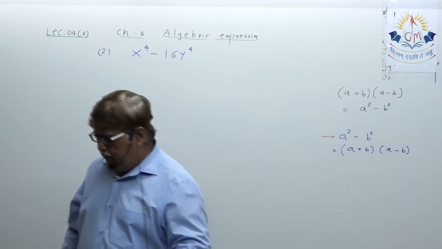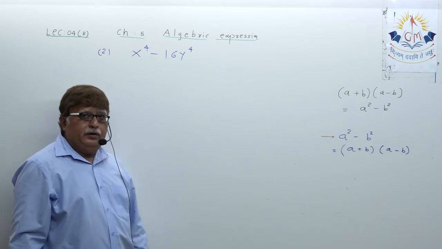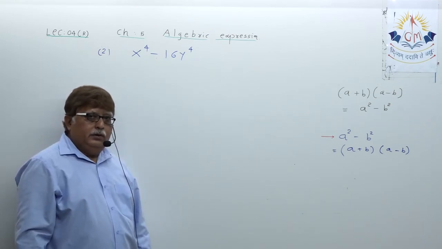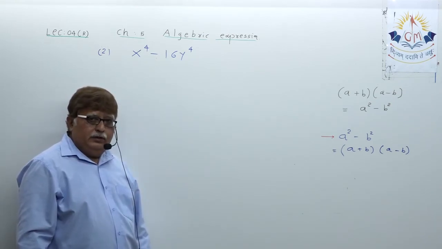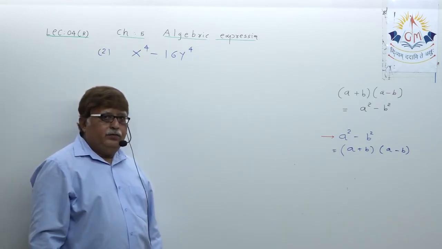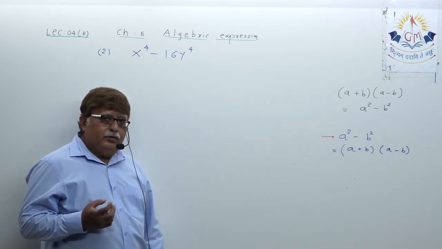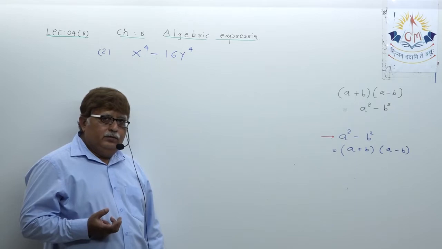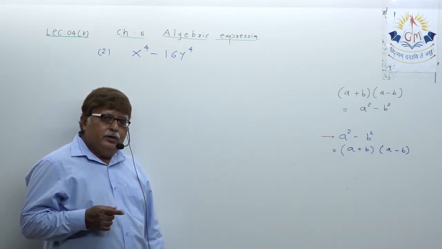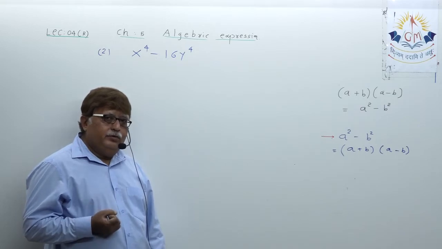First, dear student, before I start explaining this particular example, what I told you, examples are not difficult. It is the lack of clarity in your basics which makes the example more difficult than it really appears to you.